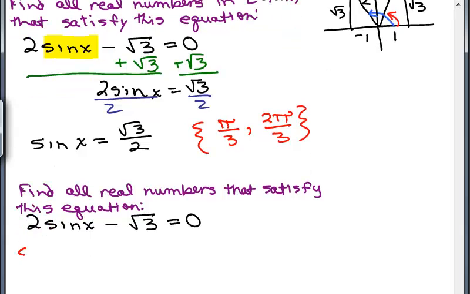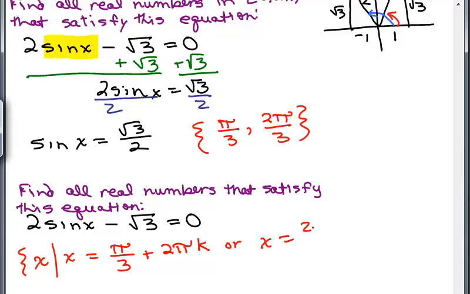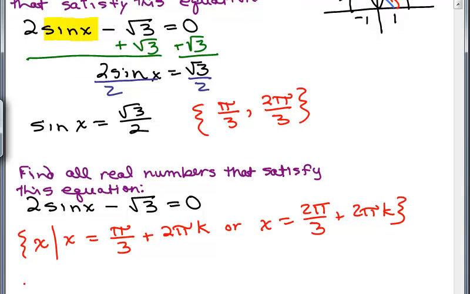So we can write the solution as x equals pi over 3, but we want to get all the possibilities that are coterminal, and so that would be plus 2 pi k, right? Or x equals 2 pi over 3 plus 2 pi k. And of course, we want to specify that k is an integer.